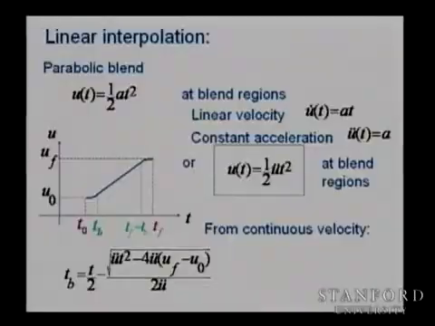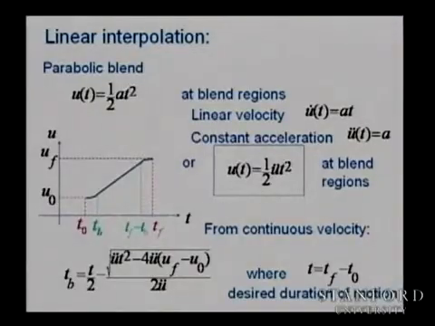So, following so far? If we want to have continuous velocity, then we can calculate the time for the blend from a condition for continuous velocity. So u sub f, u sub 0, and u double dot will give us the value for the blend for that particular region that achieves continuous velocity.